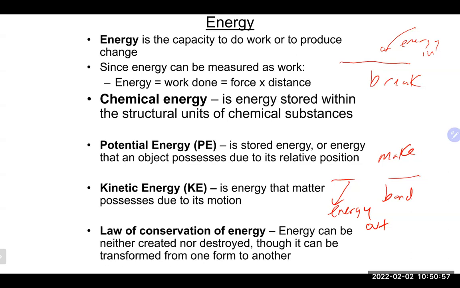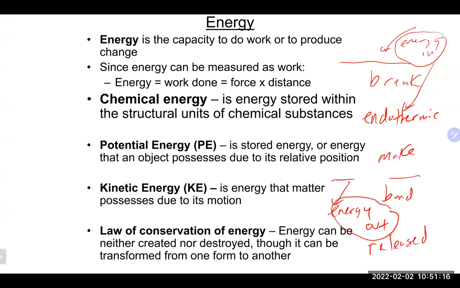And two words that we will see a number of times as we go through here: whenever we absorb energy, that is what is known as an endothermic process, as we'll see a lot of in this lecture. And anything where energy is put out or released, that is what is referred to as an exothermic type of process.